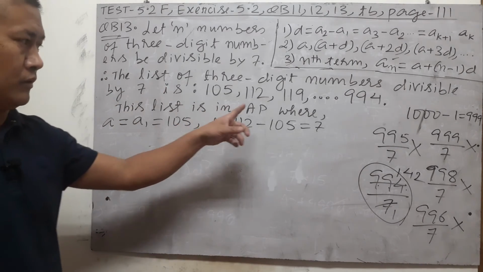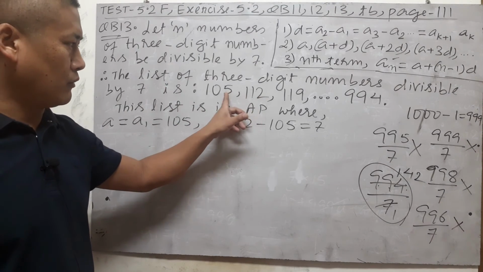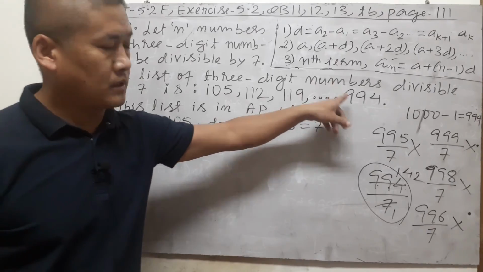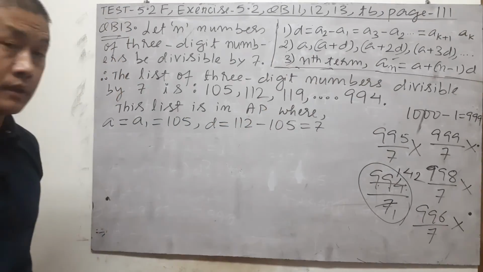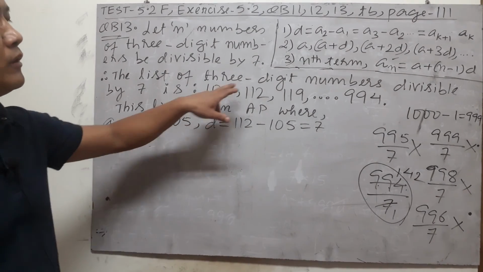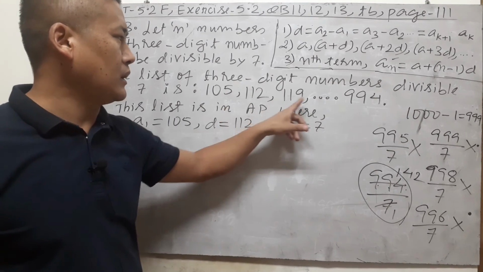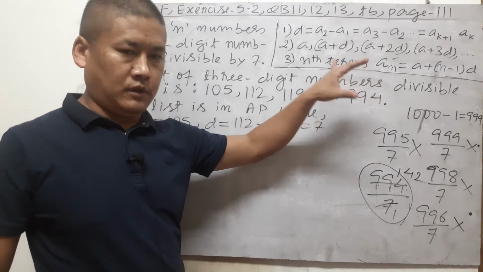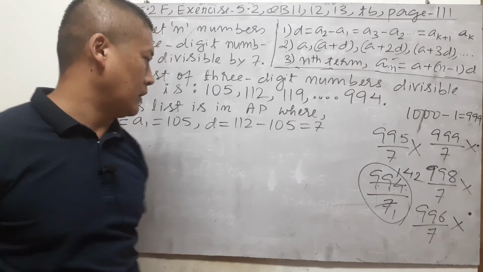It's in AP because they have a common difference everywhere. 105 plus 7, 112 plus 7, 119 plus 7. So the difference is 7 everywhere. So that's AP. So this is the list of 3-digit numbers. The whole thing we need not write, but the first 3 and a gap there, and the last biggest 3-digit number divisible by 7 is 994, right?